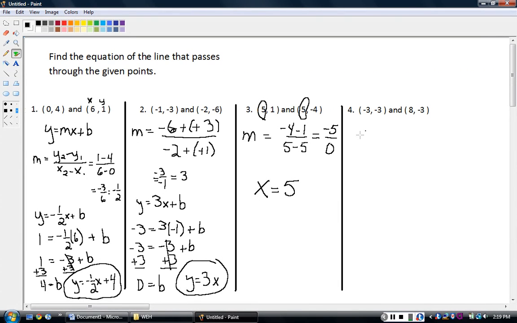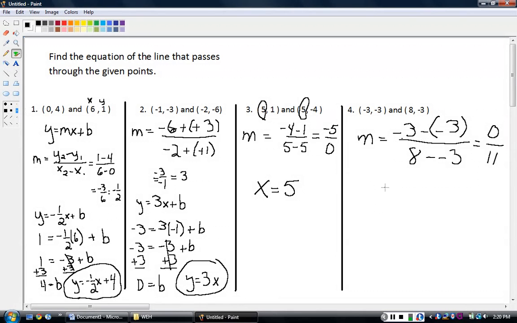Okay. One more example. Start the process here. Negative 3 minus negative 3 up top. That's y2 minus y1. And on the bottom, 8 minus negative 3. Okay, and this is going to give me 0 up top this time. Remember, we've seen that before. On the bottom there's 11. That doesn't really matter, because 0 divided by any number is 0.